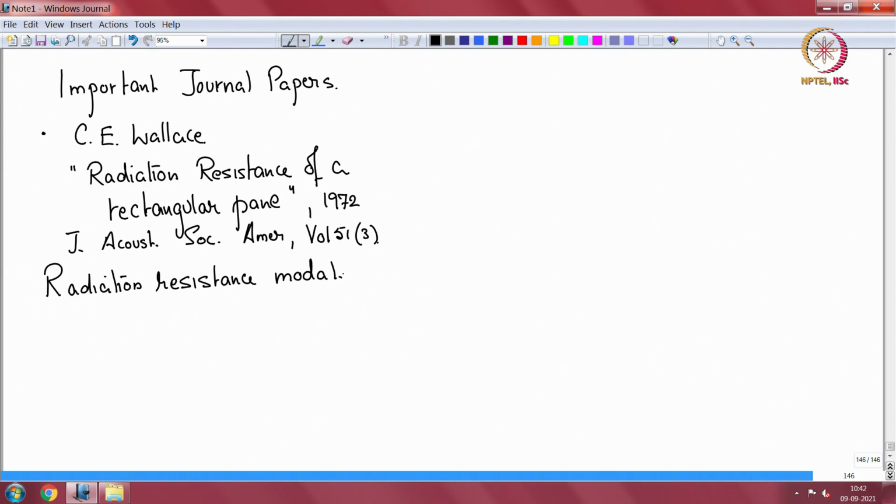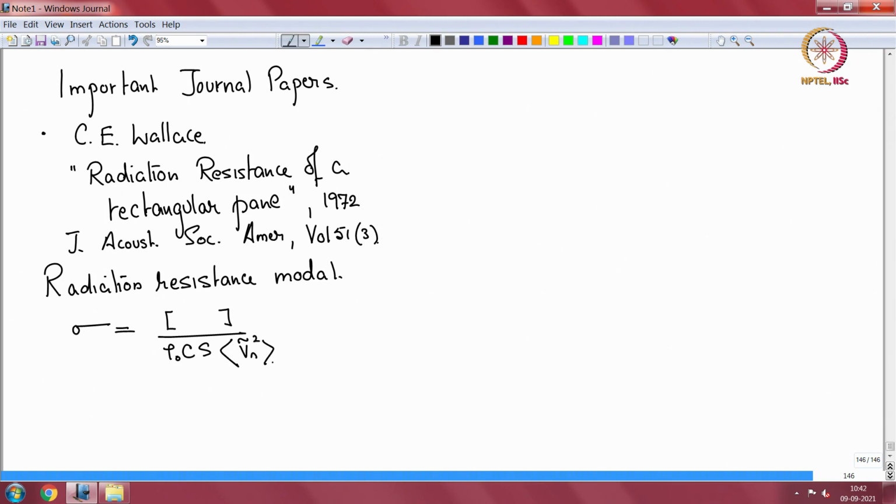What is that? We have radiation efficiency given by the actual power radiated by the panel divided by rho 0 c times the mean square space-time averaged velocity.